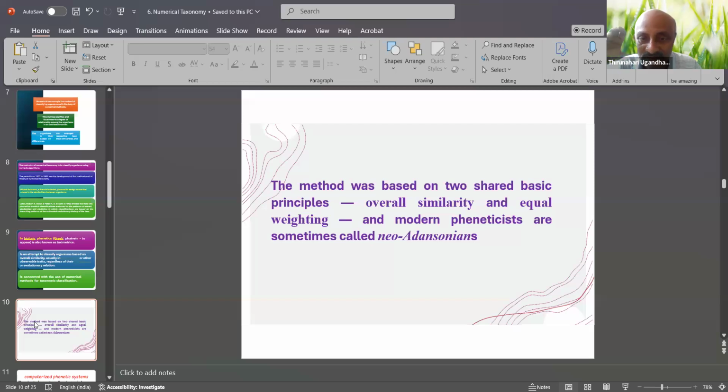This method was based on two basic principles: overall similarity and equal weight.